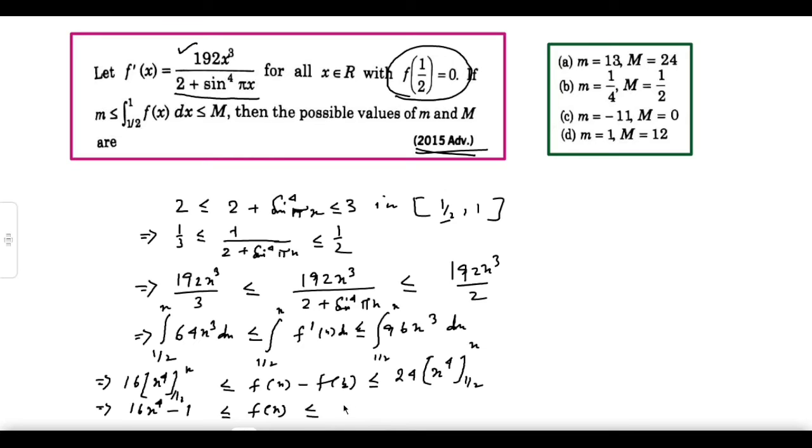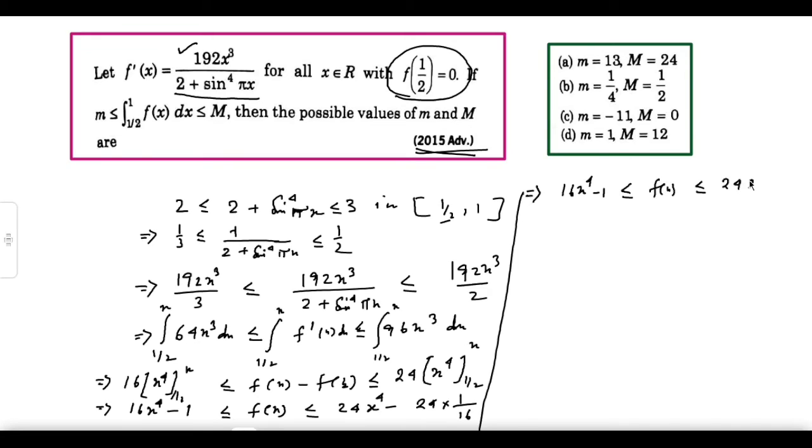This is less than equal to 24 x to the power 4 minus 24 into 1 by 2 to the power 4, that is 3 by 2. Now this implies 16 x to the power 4 minus 1 less than equal to f of x less than equal to 24 x to the power 4 minus 3 by 2.